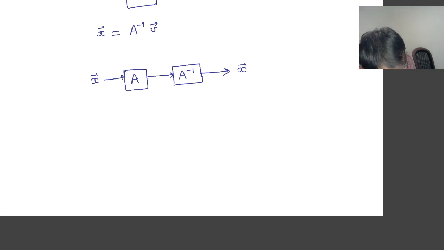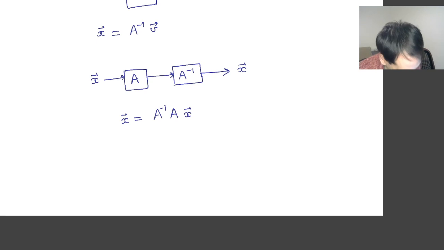So this means that x is equal to this chain of matrices applied to x, yeah? So we start with vector x, we multiply matrix A first, and then we multiply matrix A to the -1 second. So we can write this equation here.